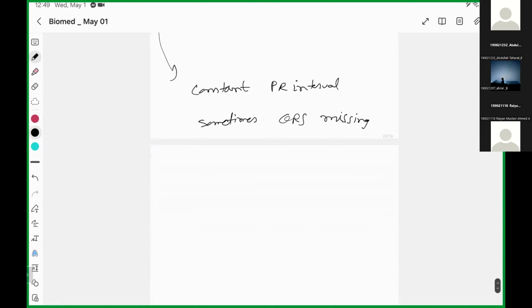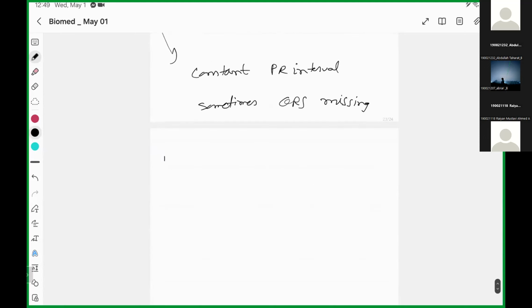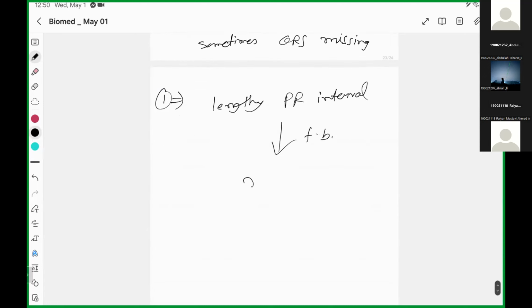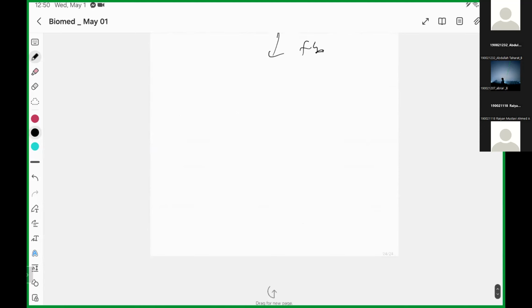And what is Mobitz type 1? Type 1 is, you see, you have a lengthy PR interval. This is followed by a missing QRS. This is followed by a short PR.